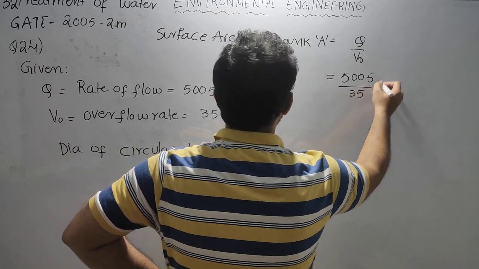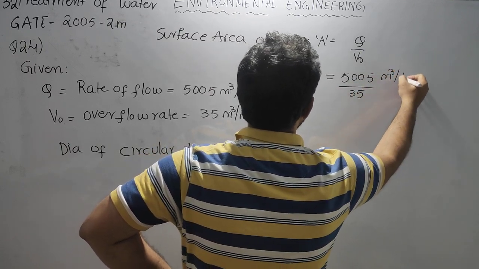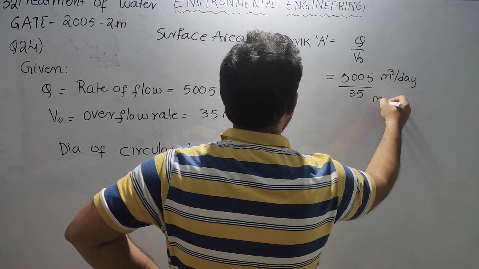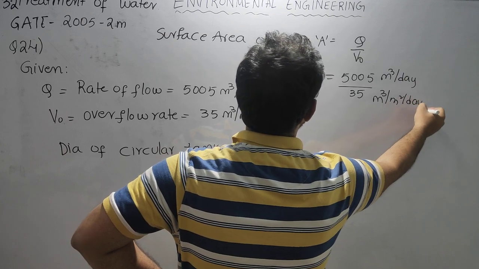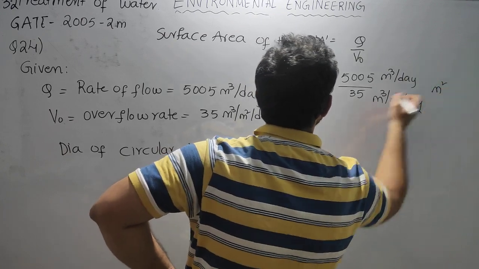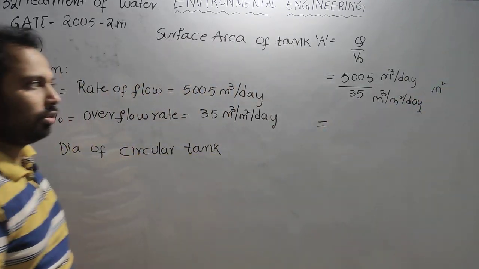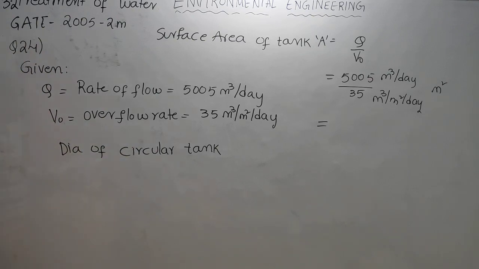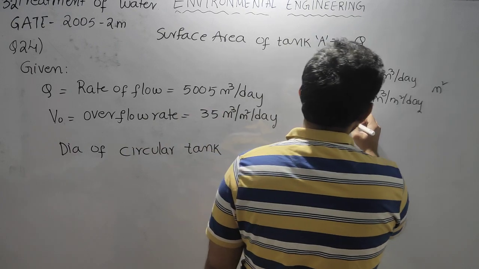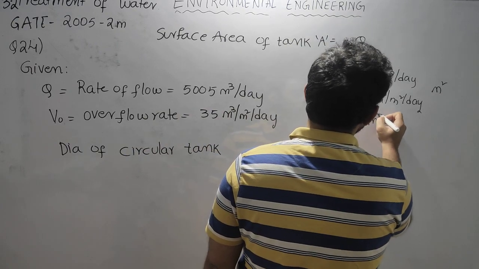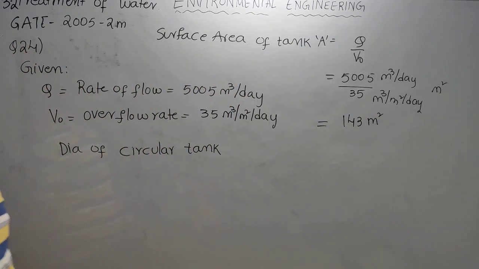So 5005 in meter cube per day, and 35 is meter cube per meter square per day. So this will be in meter square finally. So what is the value of it? It is equal to 143 meter square.